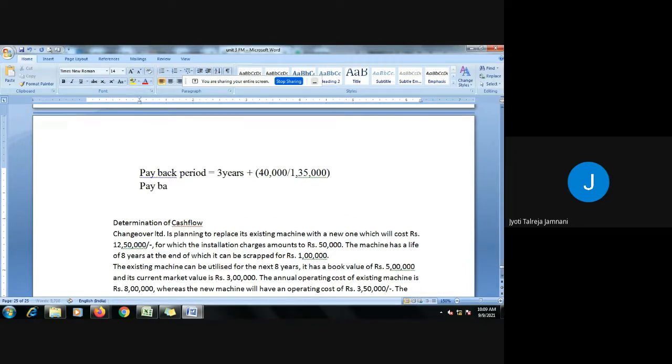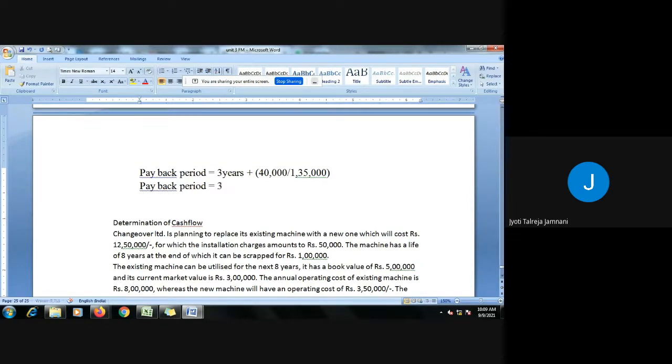So payback period is equal to 40,000 divided by 1 lakh 35,000. 0.296 is what we get.